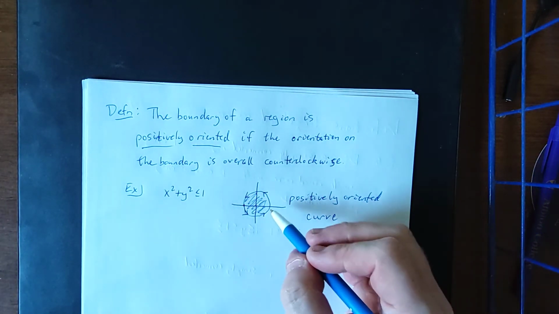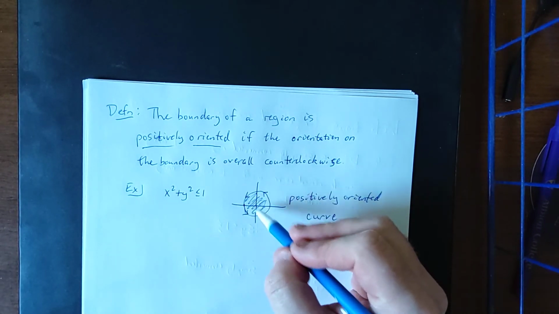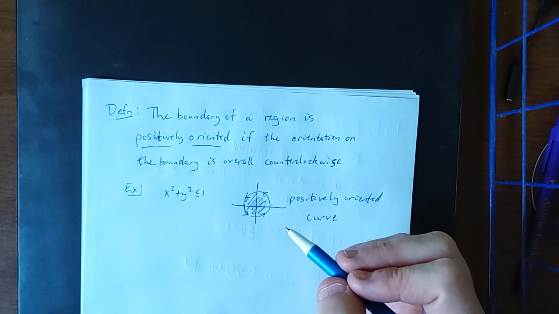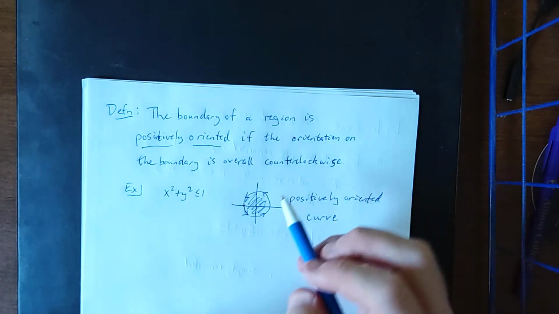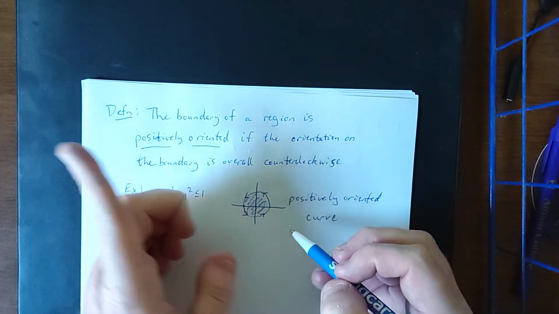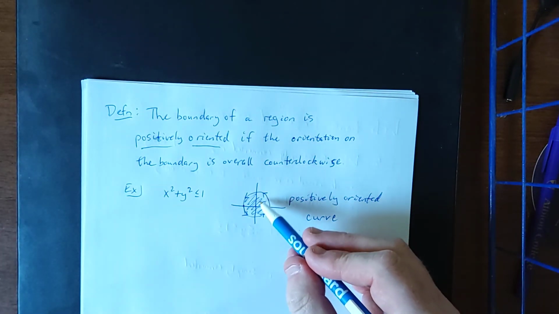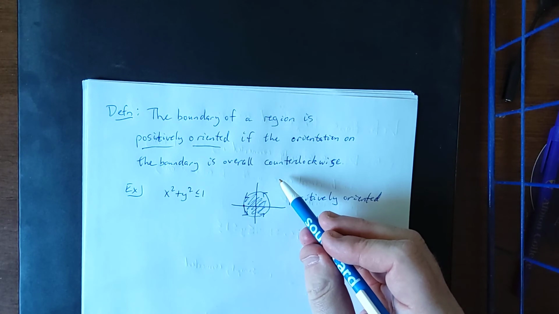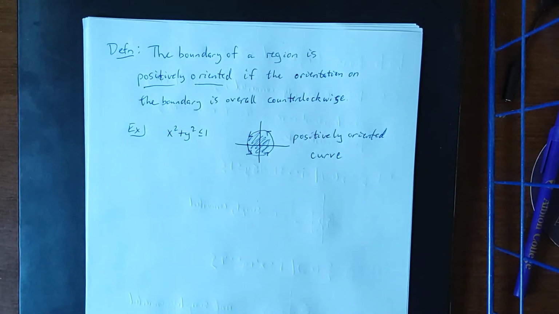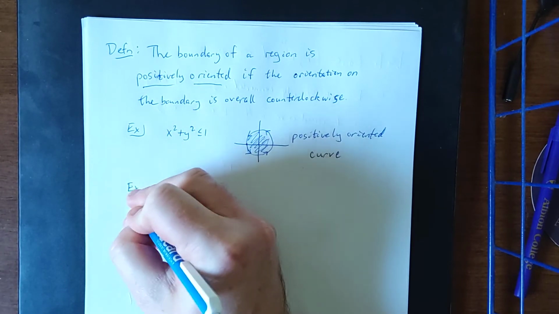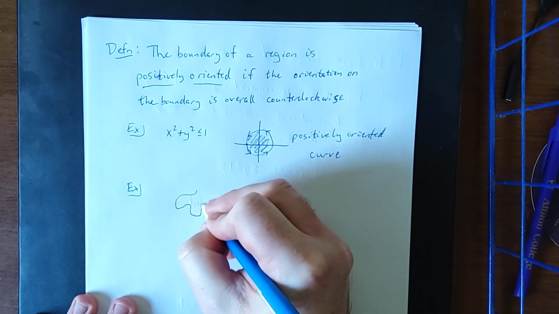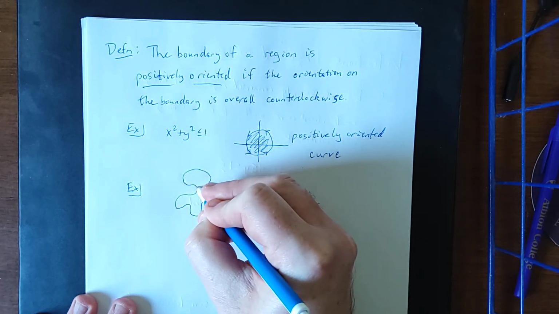Now imagine, if you will, that the orientation of this curve is actually a direction in which you are walking as you're walking this path. If you were to hold out your left arm, it would be above the region and your right arm would be outside of the region. That's generally what I use for positively oriented. Just generally speaking, we can make a nice weird looking thing like this.